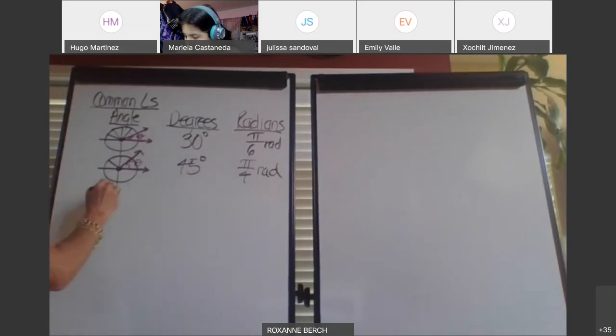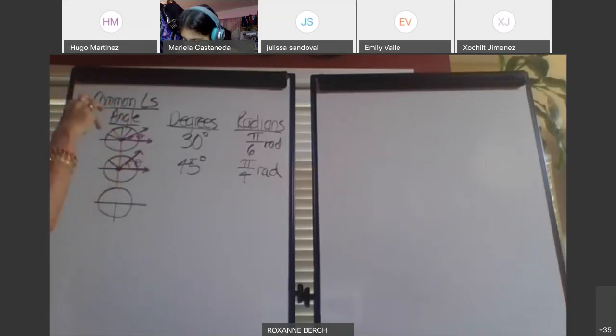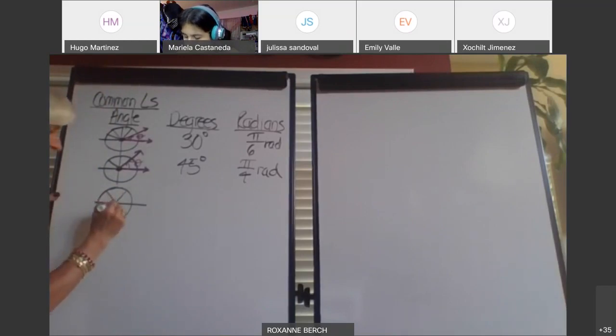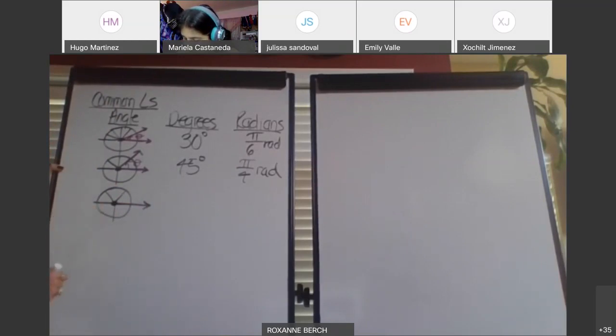Let's continue on. The next angle in standard position would be this one. I'm not going to use this middle, I'm just going to erase it because I'm going to divide this into 3 parts. Remember, pi was divided into 6 parts, pi was divided into 4 parts, and now we're going to divide pi into 3 equal parts. So now this angle has the initial side on the positive x-axis and the vertex at the origin.